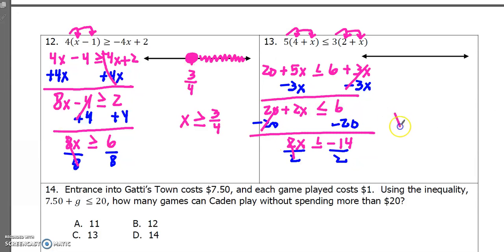Do I leave my inequality sign or do I flip? I have a negative 14 divided by 2. I end up with negative 7. Did I multiply or divide by a negative number? No. So I will leave my inequality sign as is. So I have a negative 7. I'm going to have a closed circle because of the equal to, and it is a less than, so I will shade to the left.